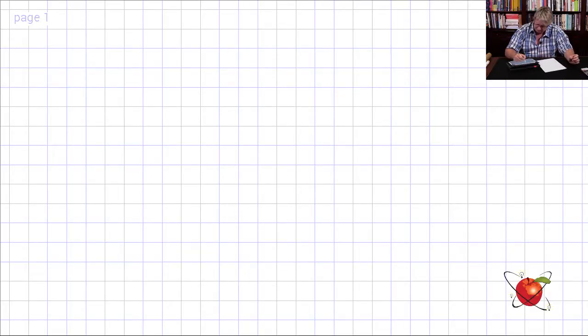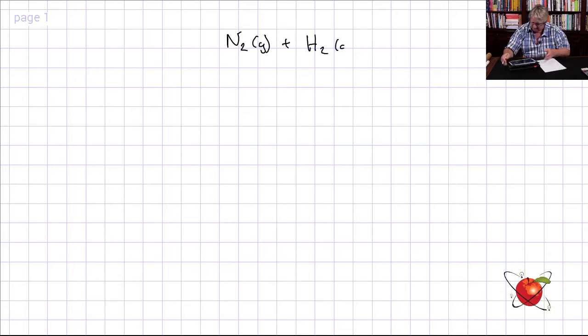Let's write down the reaction, and we've got N2 gas plus H2 gas, going to NH3 gas over there, and to balance it, we've got, remember, 2 nitrogens over there, and we've got our three hydrogens over there to do that, right?